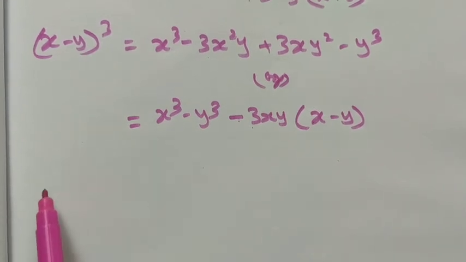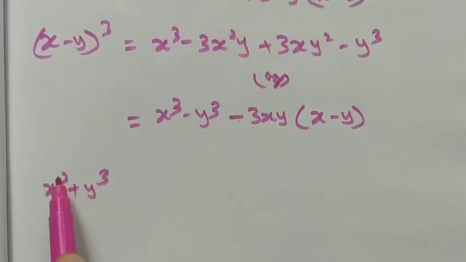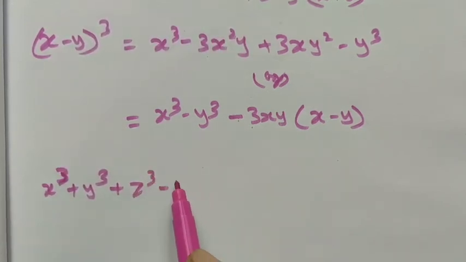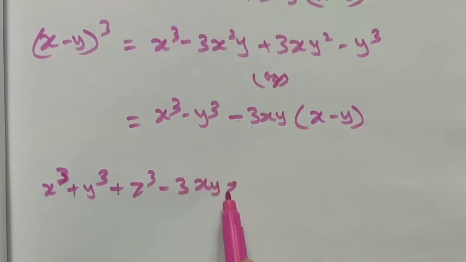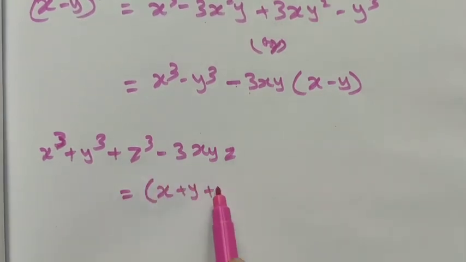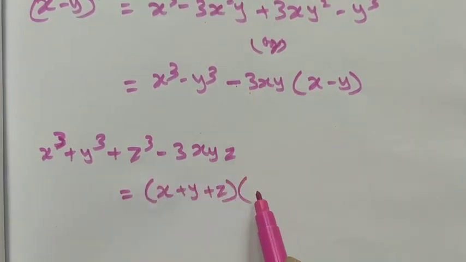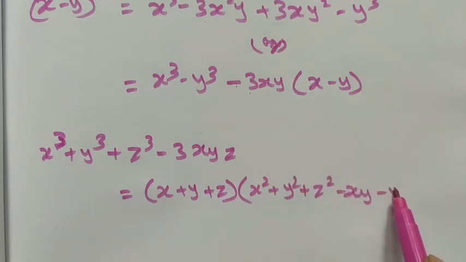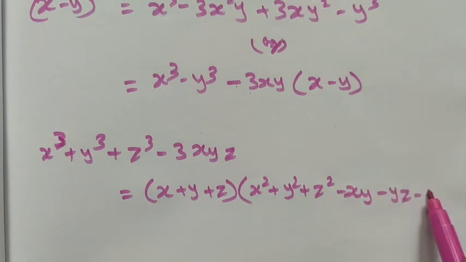Next we have x cube plus y cube plus z cube minus 3xyz is equal to, we have the formula, (x plus y plus z) into (x square plus y square plus z square minus xy minus yz minus zx), or xz.